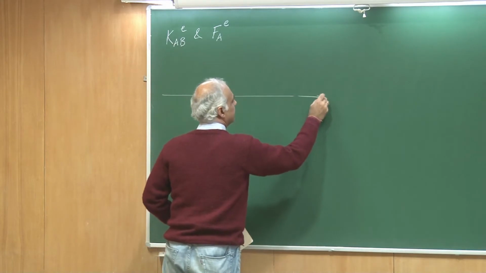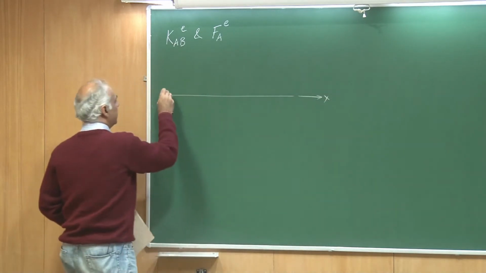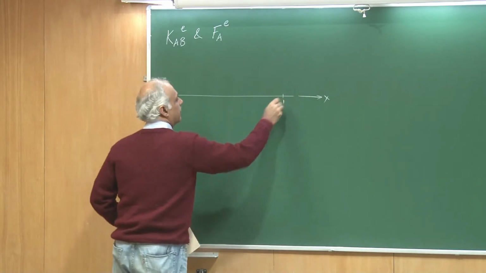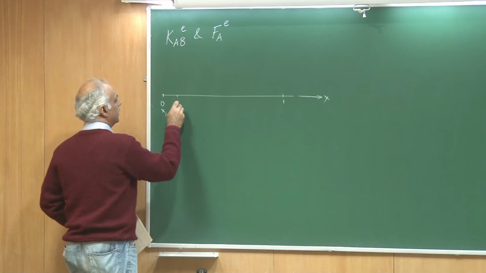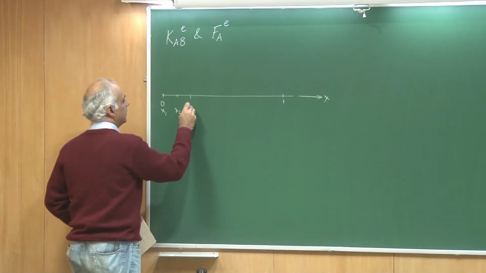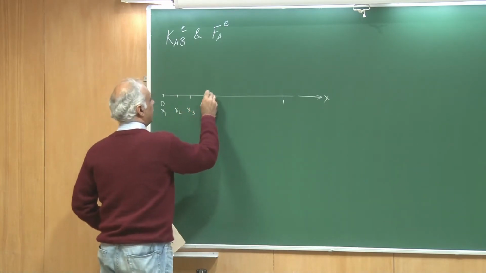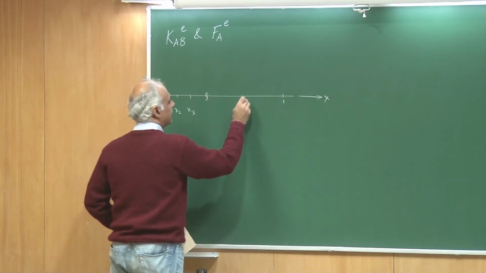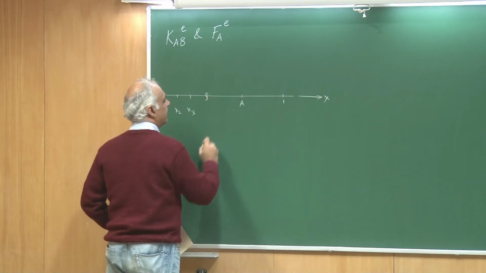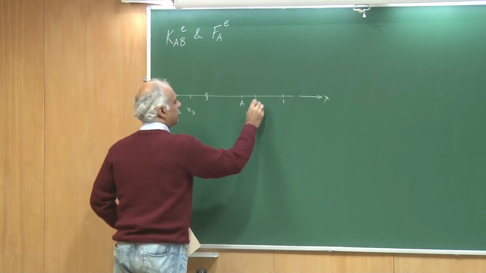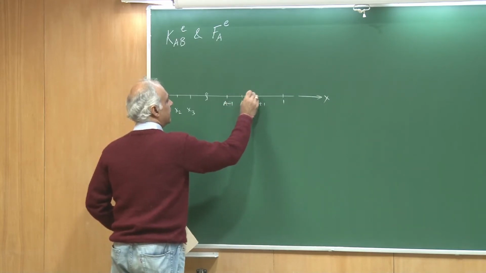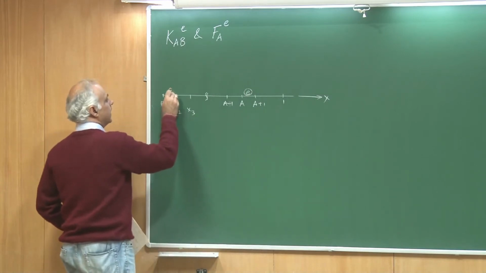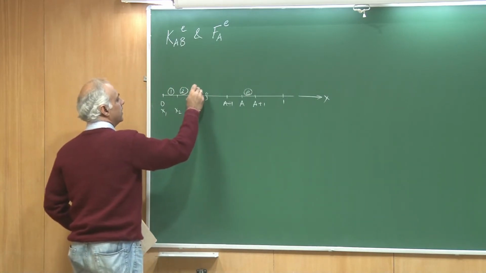So, this is the x axis between 0 and 1. This one is x1, this is x2, x3, and what I am going to do is concentrate on, let us say, the node A. Then I have the node A plus 1, the node A minus 1, and this, if you recollect, is the element E. This was element 1, this is element 2, and so on.